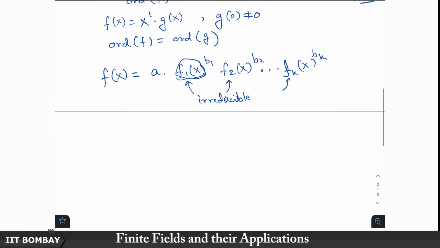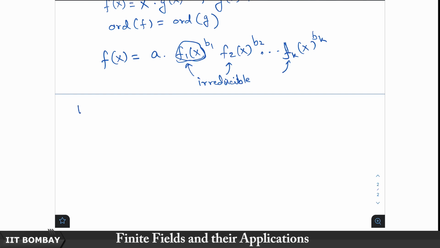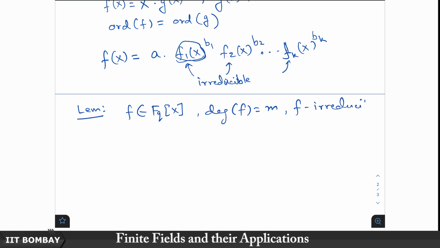So, towards that, the first result that we will discuss is about irreducible polynomials. If f is a polynomial over Fq, degree m, and f is irreducible, then f can be a constant times x. It cannot be constant times x square or x cube, because then it is not irreducible, but it can be a constant times x.